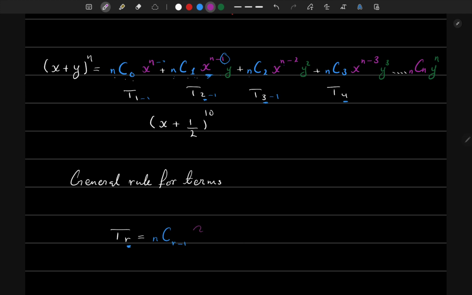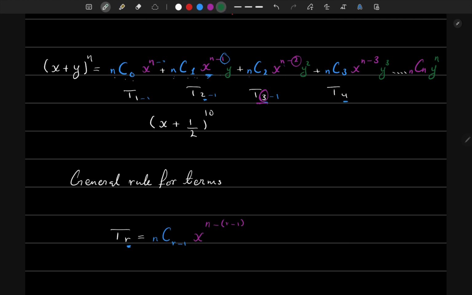So I can say that in a general term, x is going to be raised to the power of n minus (r minus 1). For example, in the third term, x is raised to the power of n minus 2, which is 3 minus 1.